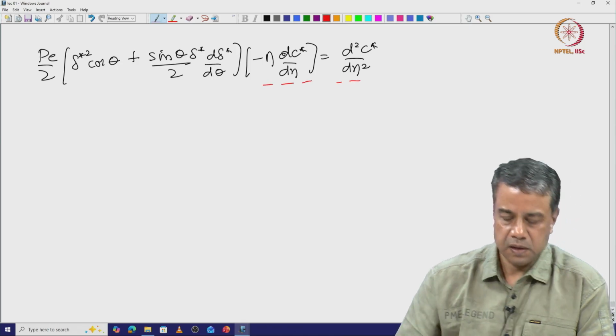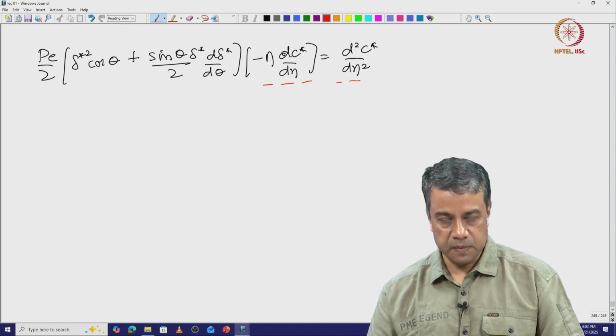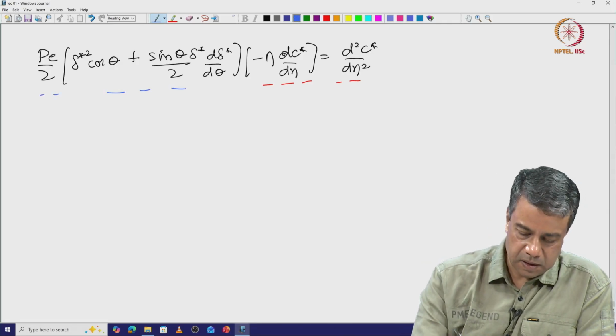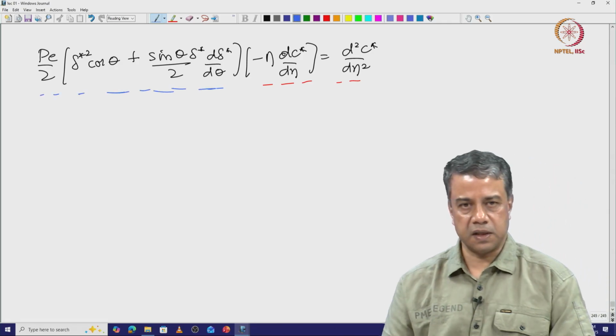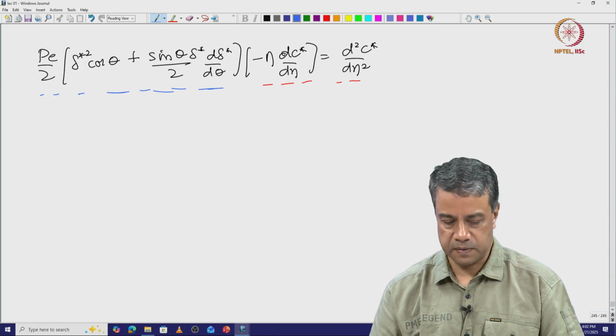This is the equation for the concentration field in terms of the similarity variable, and this term has to be a constant in order to get a similarity solution.